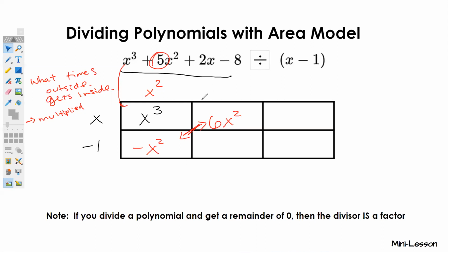Again, you're going to repeat that exact same process. What times x would give us 6x squared? 6x times what's on the outside, that's negative 1, will give us negative 6x. Because we said negative 1 plus what would give us 5.